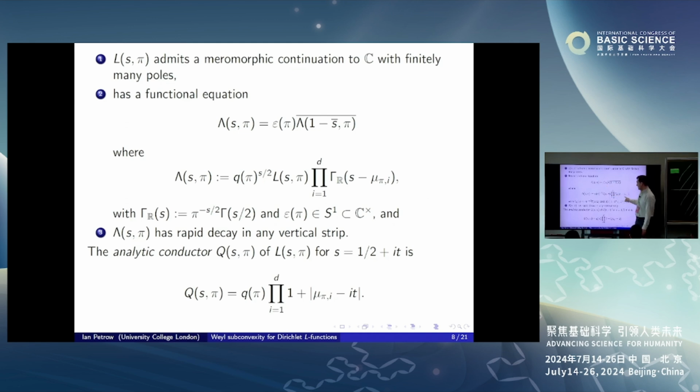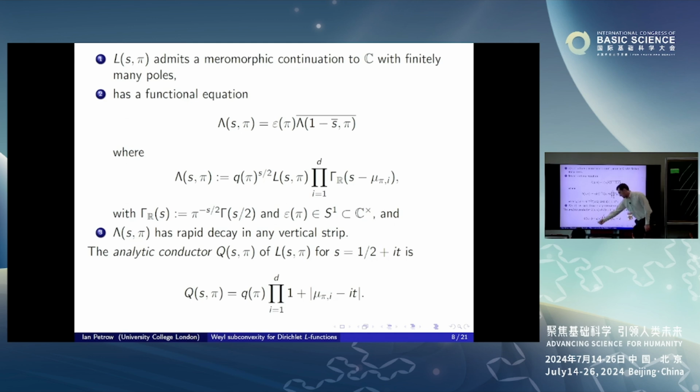It's formed by having some factors which are built out of the gamma function. For the purpose of this talk, there's an invariant that goes with it, which is the right invariant by which to count or study L-functions analytically, called the analytic conductor.